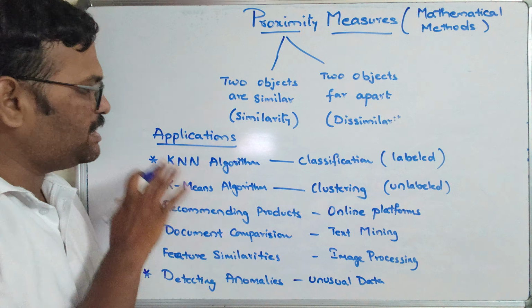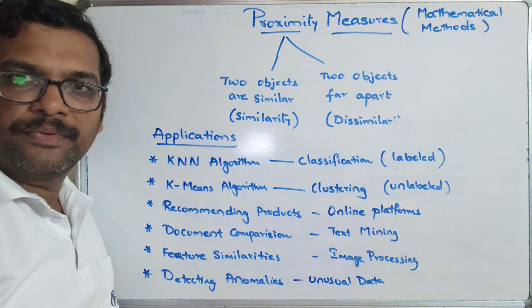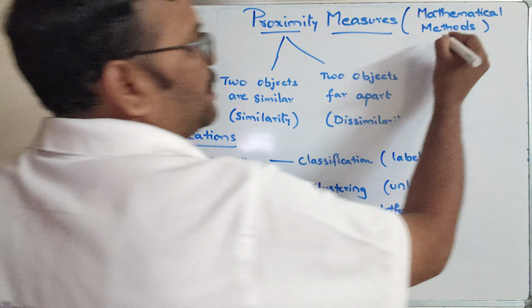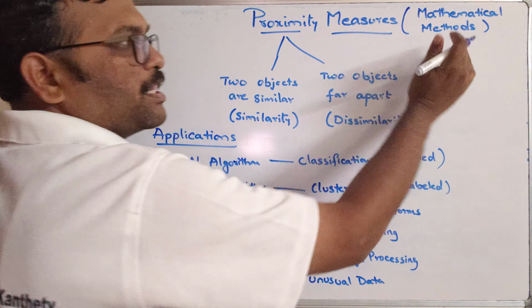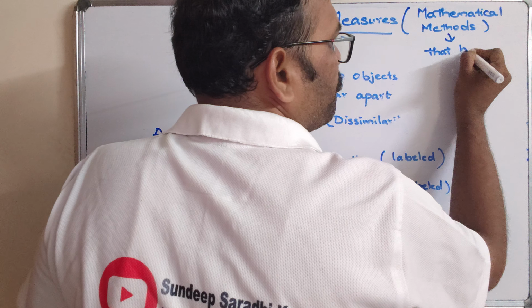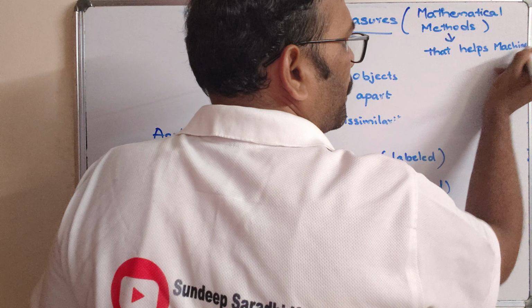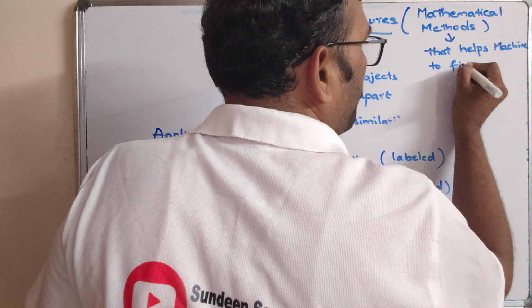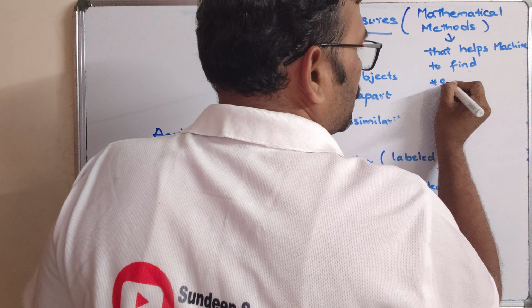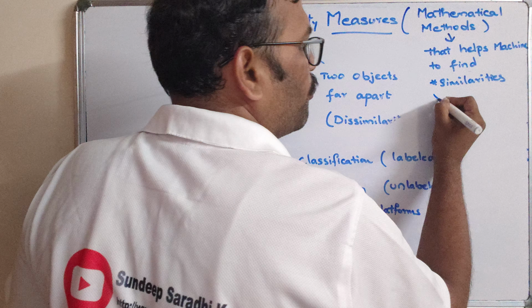So in all these cases, we'll be using these proximity measures, right? These proximity measures are the mathematical methods that help the machine to find similarities. See here, I'm just giving the overview.